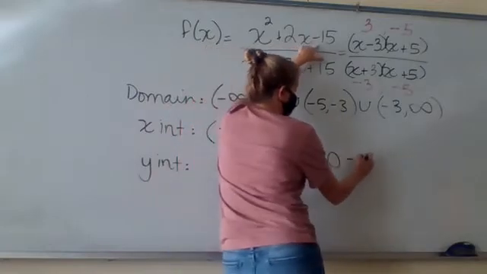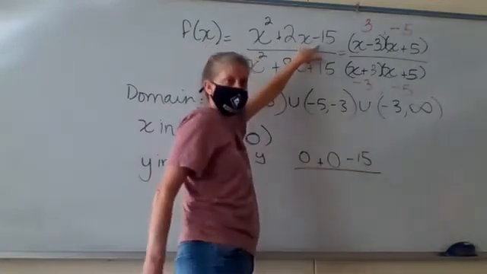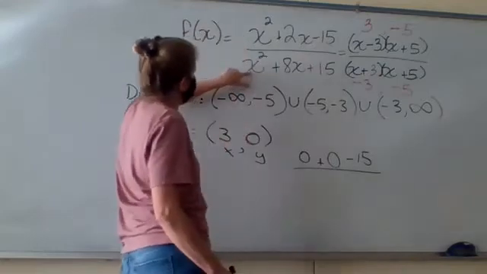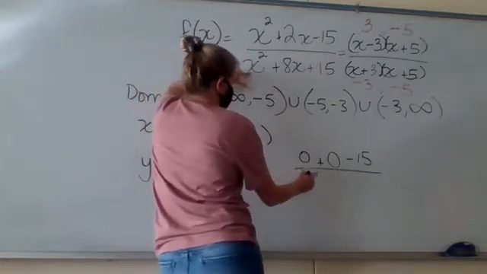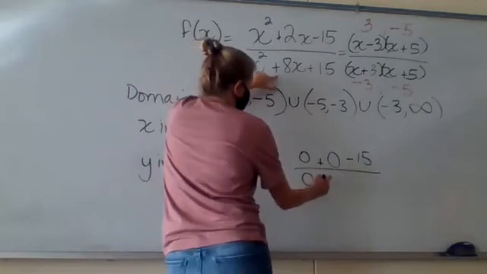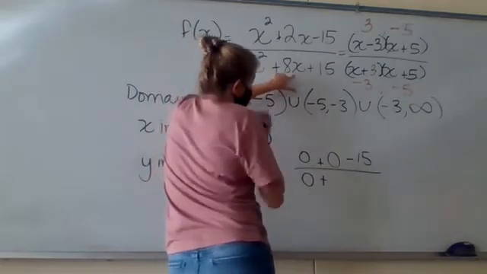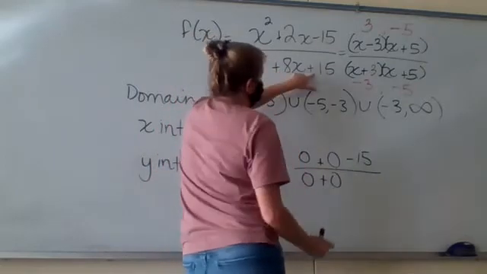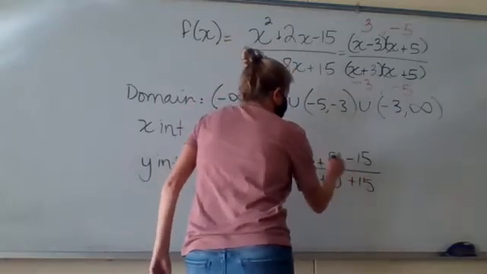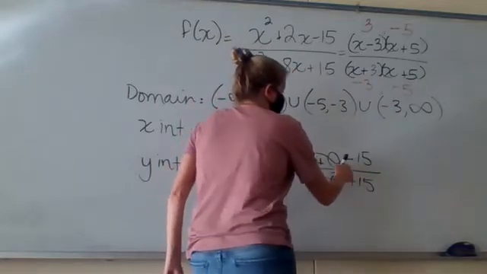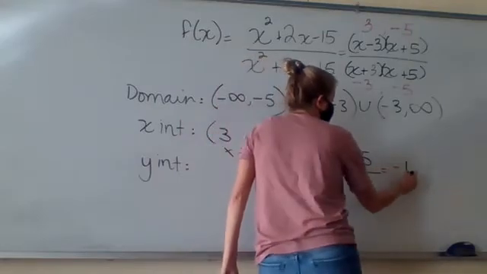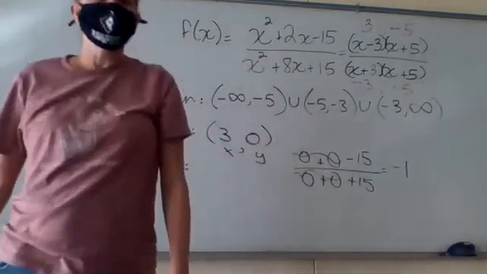So all I'd be left with is that -15. Down here, if I place a 0 in this x, I would have 0 squared, which is 0, plus 8 times 0, which is 0, plus 15. So this would all be gone. I'm just left with -15 over +15, which is -1.